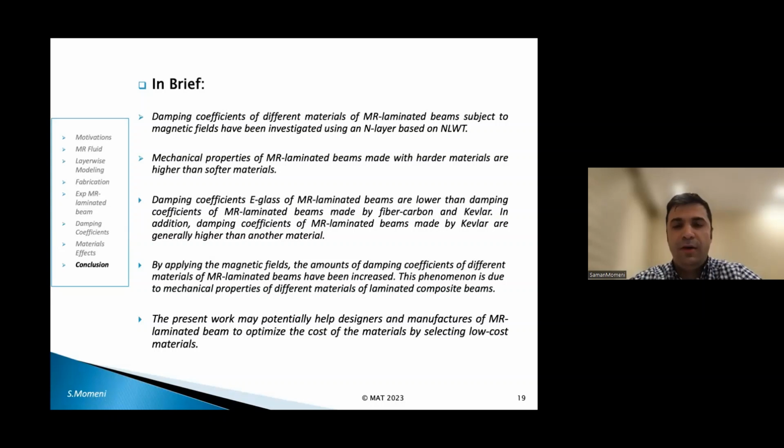As you know, MR laminated beams means laminated composite beams incorporated with magnetorheological fluids. And damping coefficients of e-glass MR laminated beams are lower than those made of fiber carbon and Kevlar. In addition, damping coefficients of MR laminated beams made of Kevlar are generally higher than the other materials.